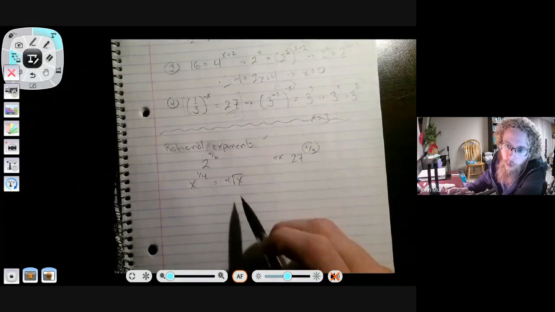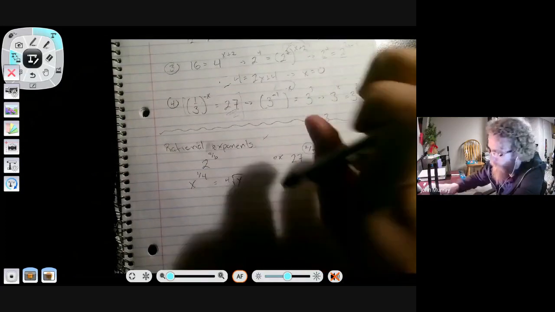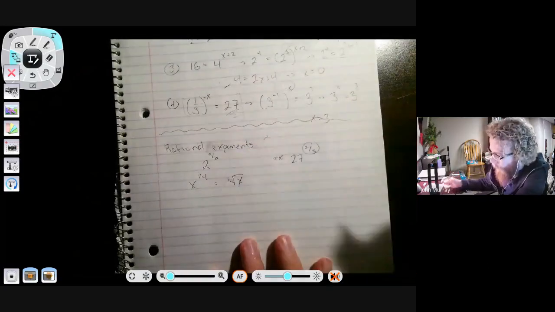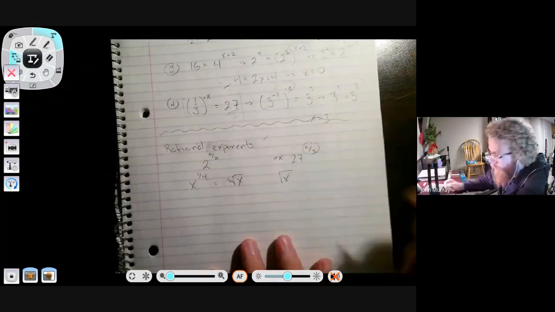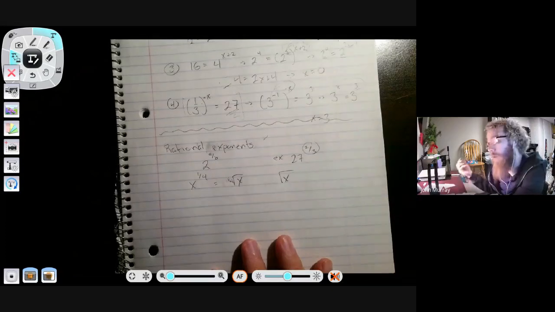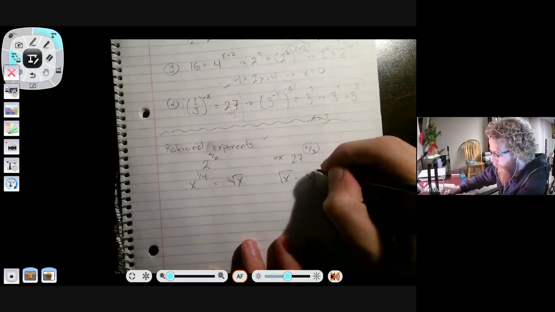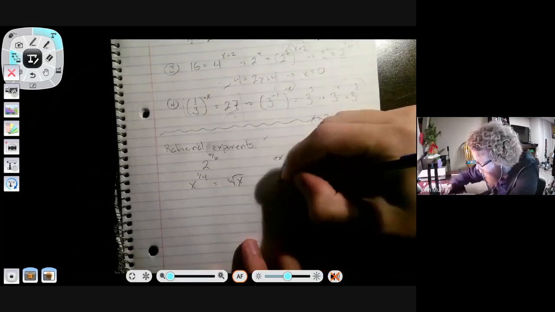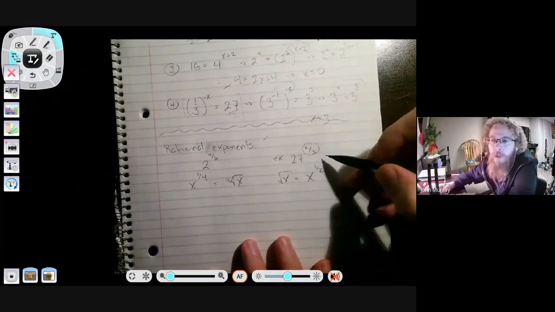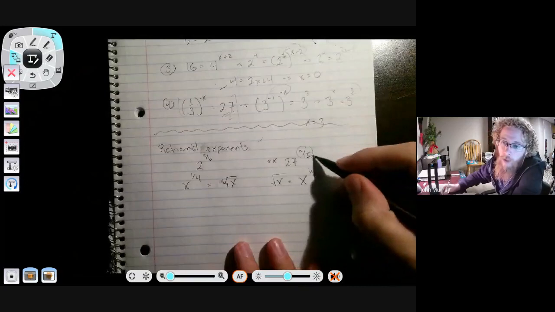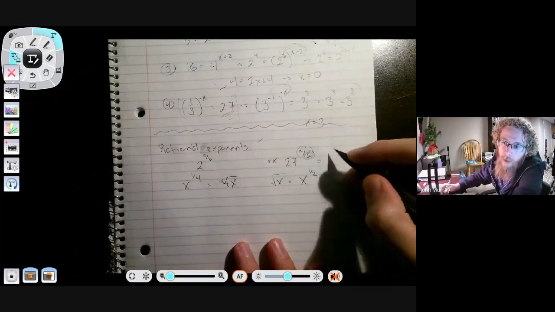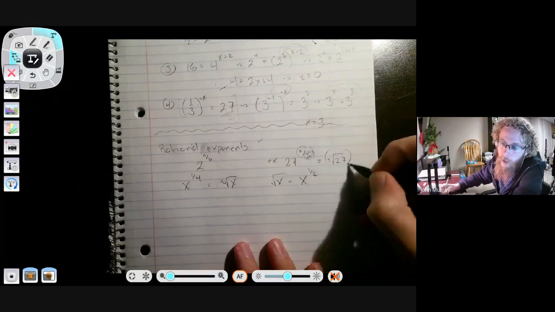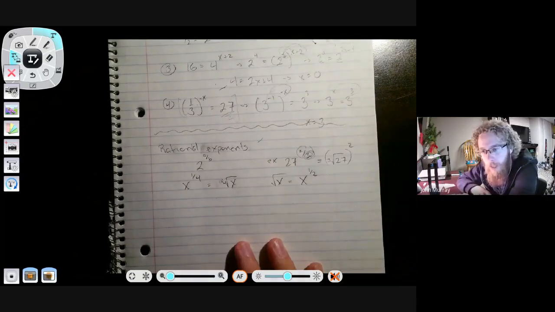So x to the 1/4 is telling me I'm taking the 4th root of x. If I had the square root of x, we can rewrite that as an exponent as x to the 1/2. So if I'm dealing with something like this, this part down here is telling me I'm taking the cube root of 27, and then I'm squaring that answer.